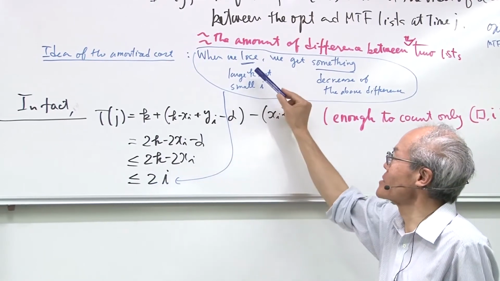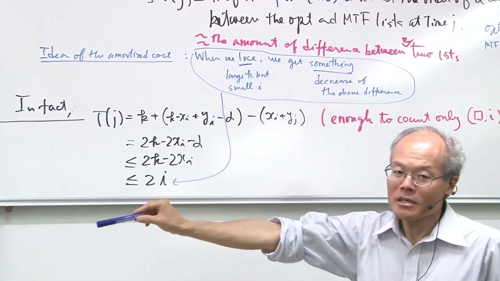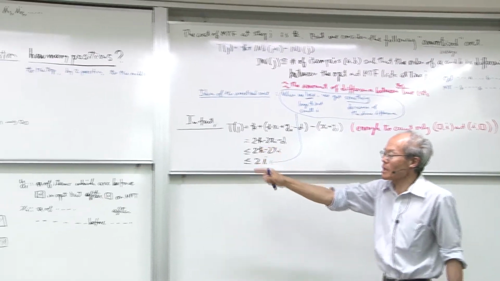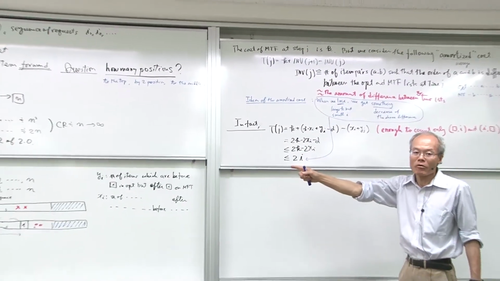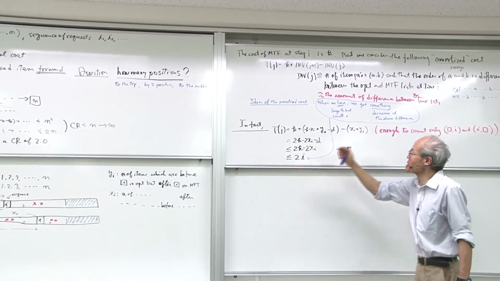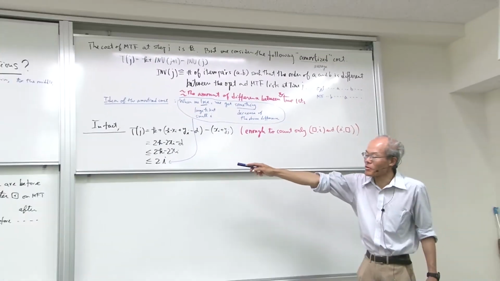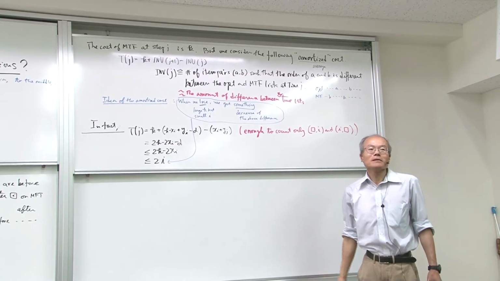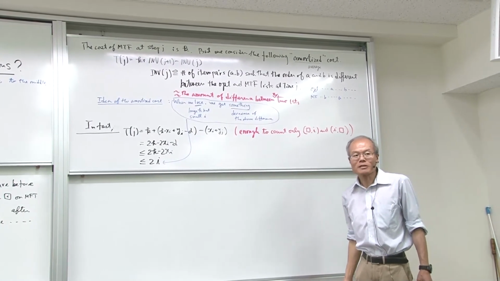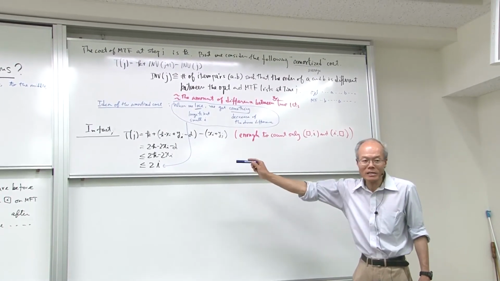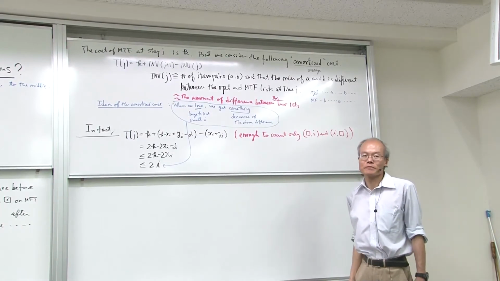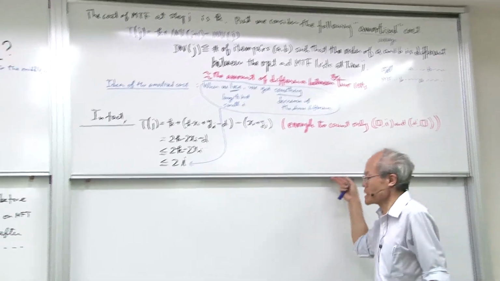That's why I'm saying that if we lose a lot, that means k is big and I is small, then you can get something here. So the amortized cost is still not that bad. At most twice the cost of opt. Okay, now after that, it's pretty easy.